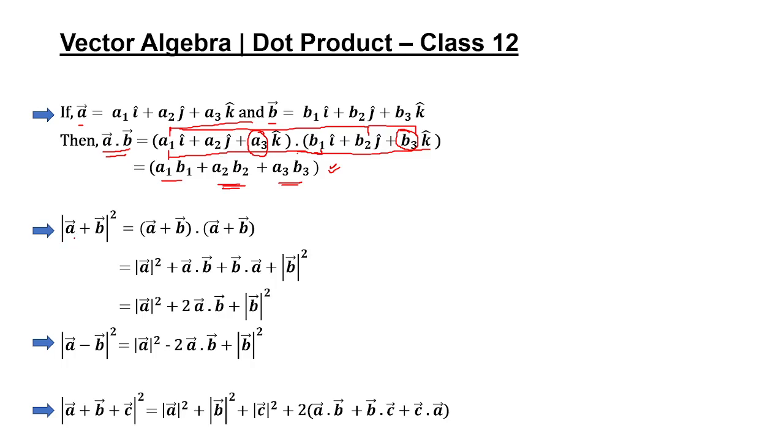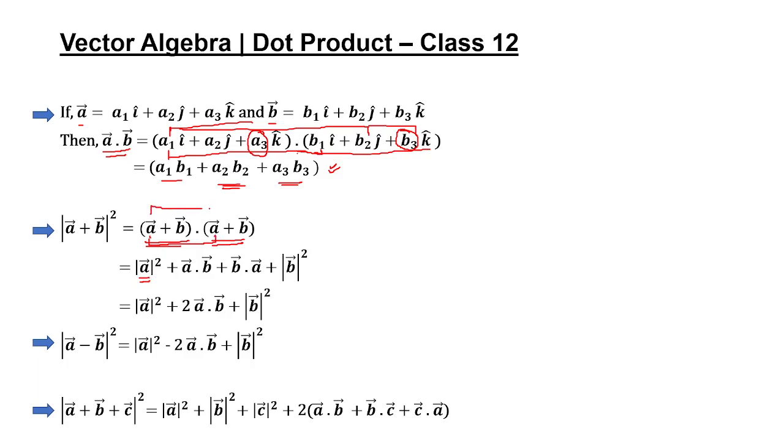Next, what will be the value of modulus of A plus B whole square? So that is equal to A plus B dot A plus B. So when you do this dot product between these two vectors, first you will find A dot A, that is equal to modulus of A square.